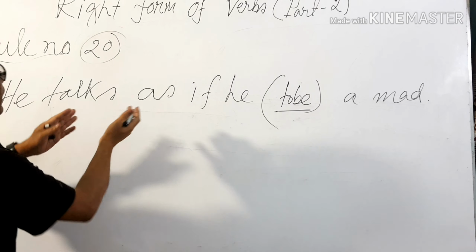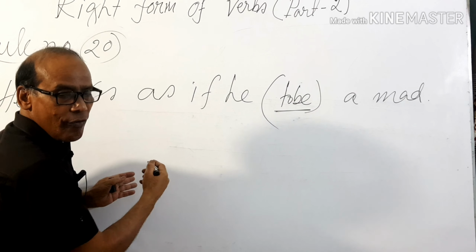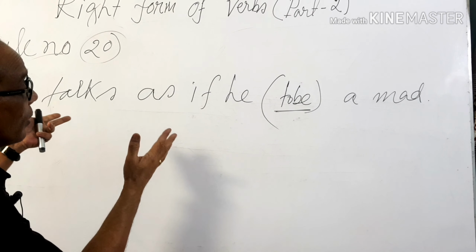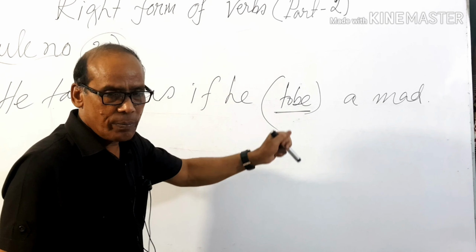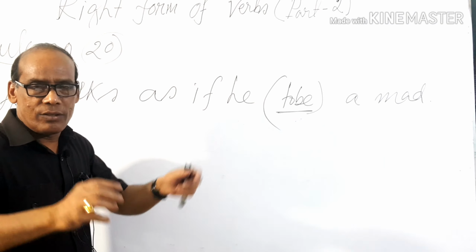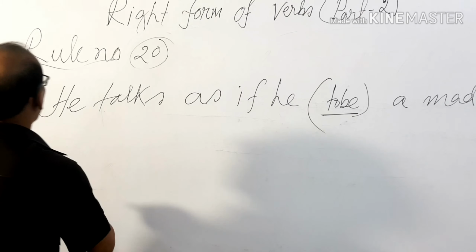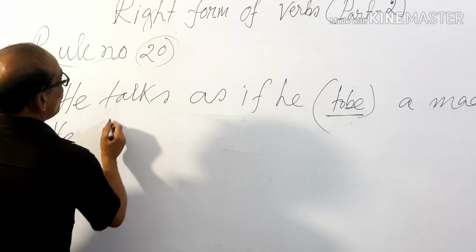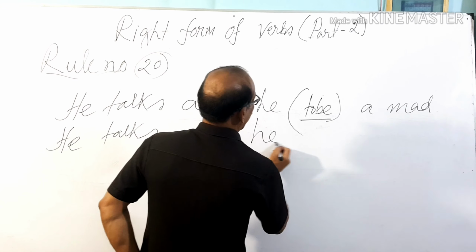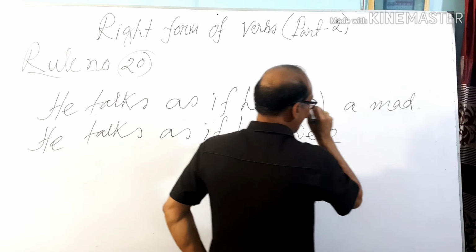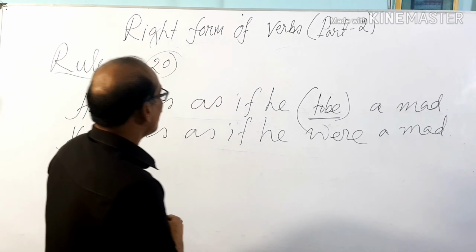If after as if, as though, wish, fancy, after these types of words, if we find any to be, that must be were, not was, not is. It must be were, whoever may be the subject. Suppose he talks as if he were a mad. He talks as if he were mad.